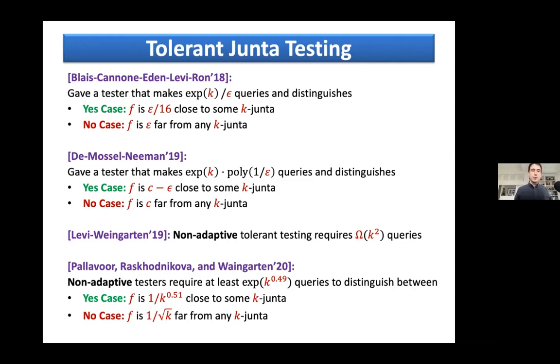It seems very natural that our function would depend on a few coordinates, or at least would be very correlated with something that depends only on a few coordinates, but it's more unlikely that it's perfectly described by just these k coordinates. So for the motivation coming from machine learning, it makes more sense to talk about the tolerant case.